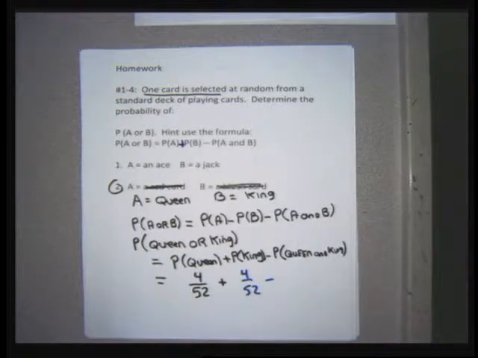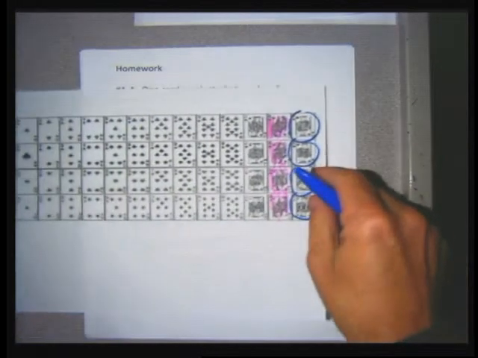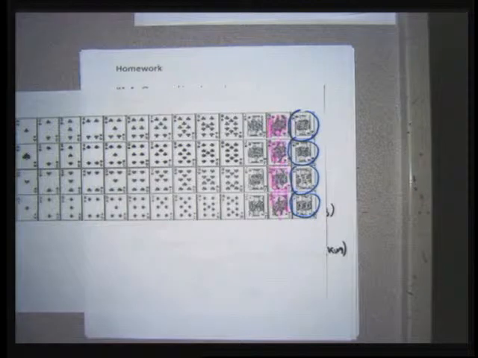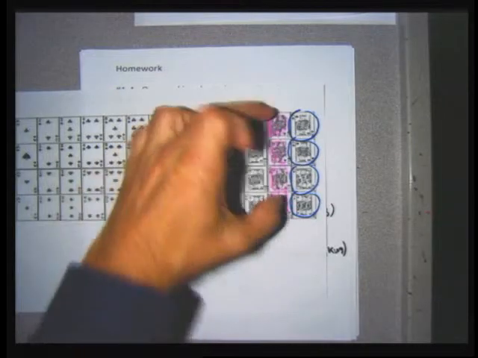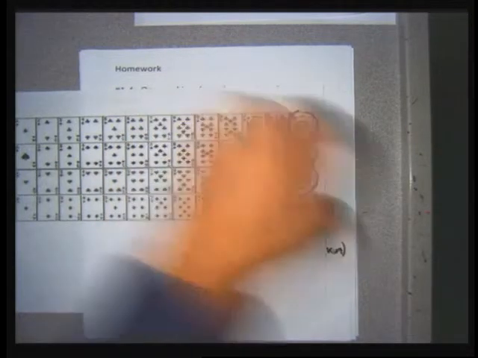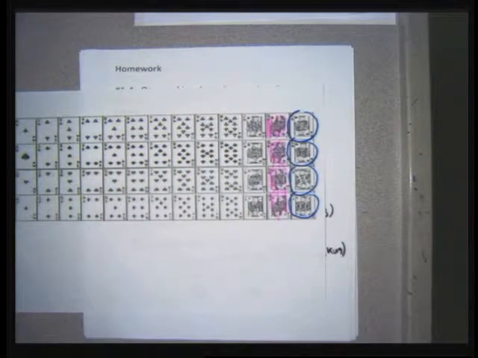The last probability is the probability of getting a card that's simultaneously a queen and a king, and the number that would go in the numerator is the number of overlapping cards. For the queens and the kings, there's no commonality, so there's no card that I've marked with both pink and blue. So it's impossible to get a card that's both a queen and a king.